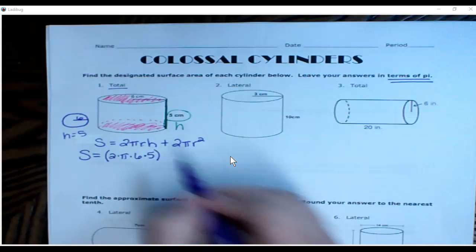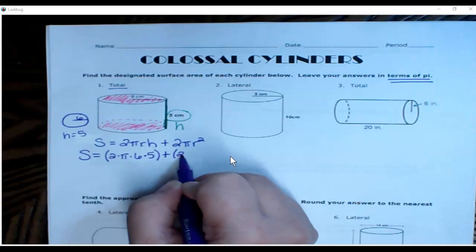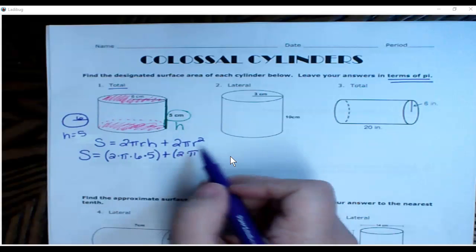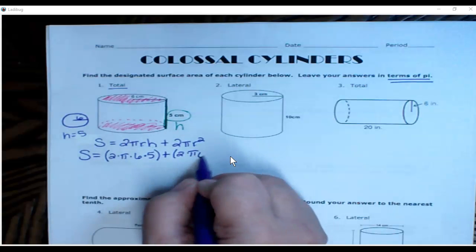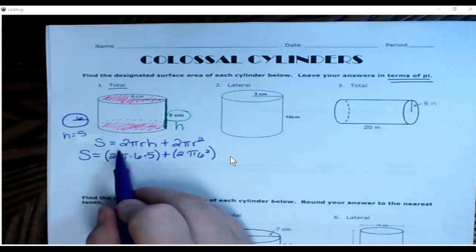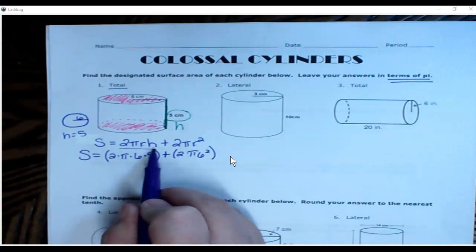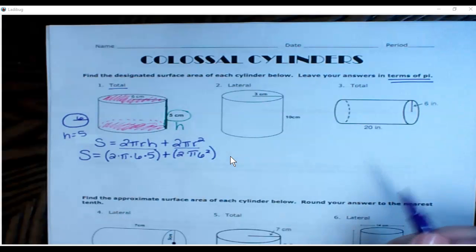We're going to do all that, and then we will add to it 2 times pi times radius squared, substituting in radius, which is 6 squared. Now I put these in parentheses because I have to do all of the first part and then all of the second part before I add. Remember, multiplication comes before addition in order of operations.